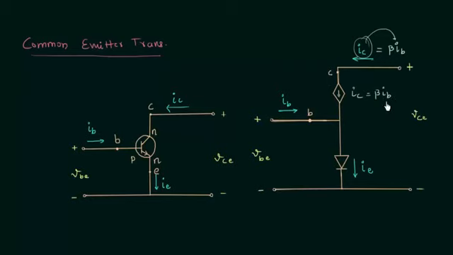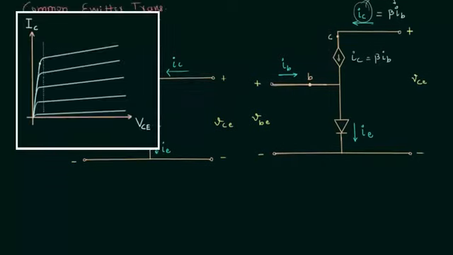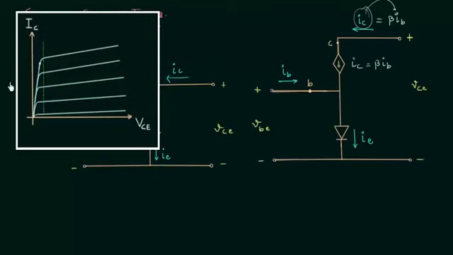So we have the symbol of a dependent current source with current IC equal to beta times the current IB, and here we are neglecting the reverse saturation current because the collector current is equal to beta times IB plus beta plus 1 times the reverse saturation current. If you see the output characteristics of the common emitter transistor, you will find the output resistance is very large because output resistance is equal to 1 by the slope of the curve, and you can see the slope is nearly equal to 0.